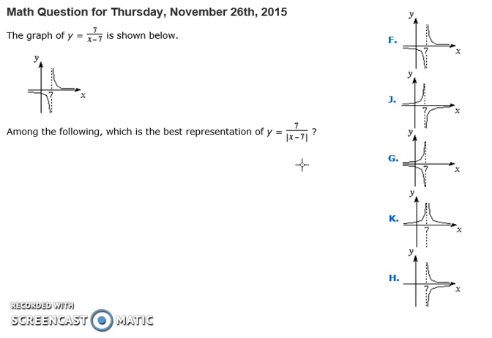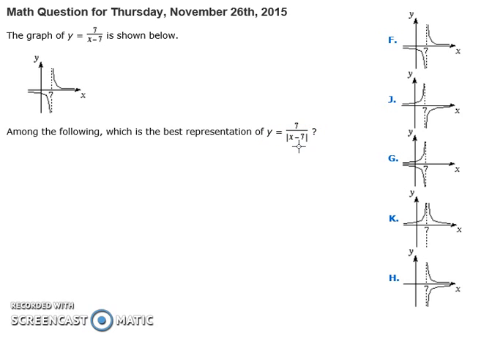Or basically, if you get a negative number inside the absolute value, you just make it positive. So if you're always going to have a positive number down here, and you have a positive 7 up here, you are never going to get a negative number for this graph.